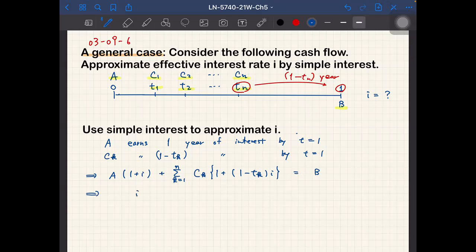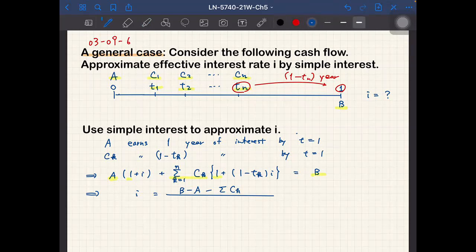So if you simplify this, then I becomes, the constant term is B minus A minus the summation of Ck.